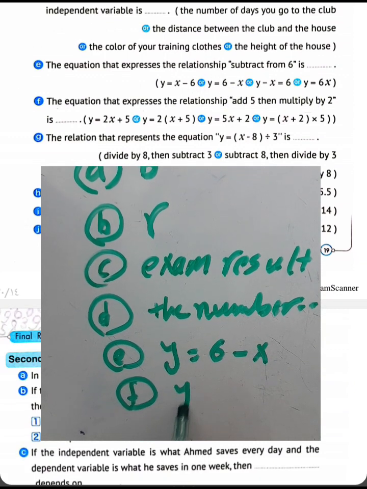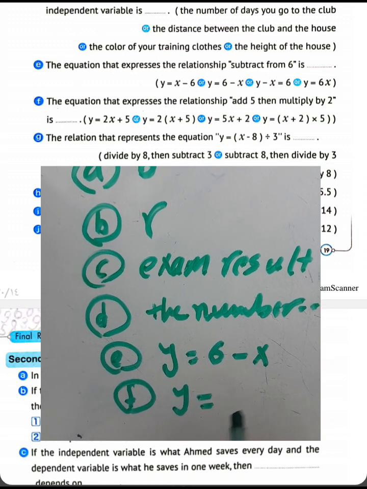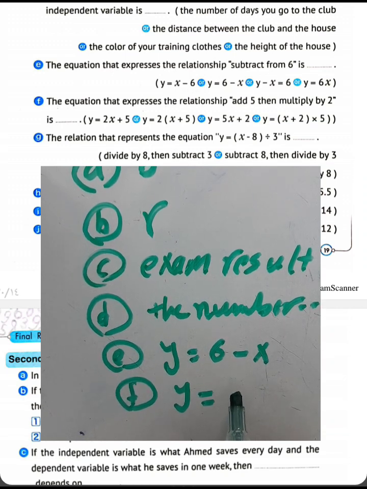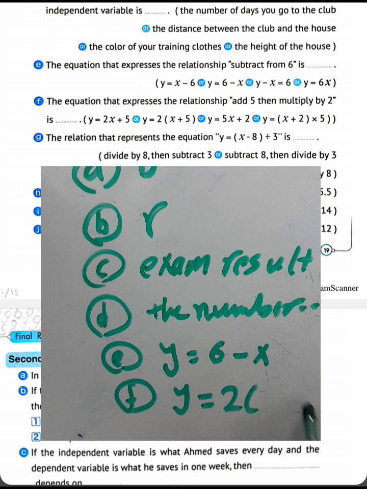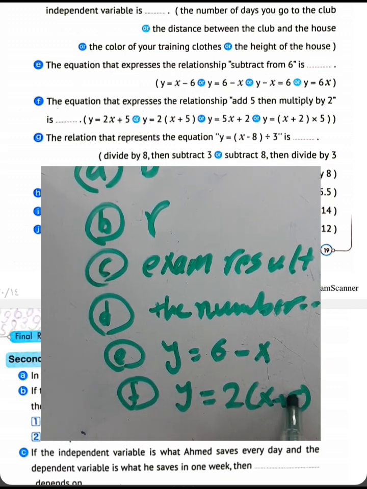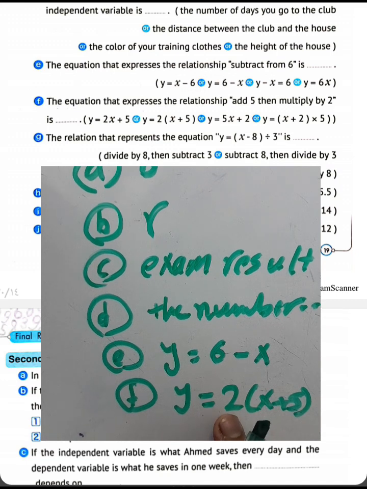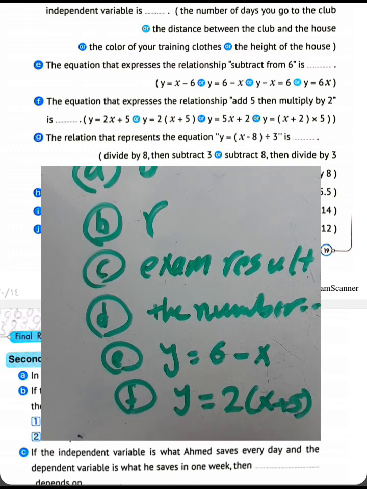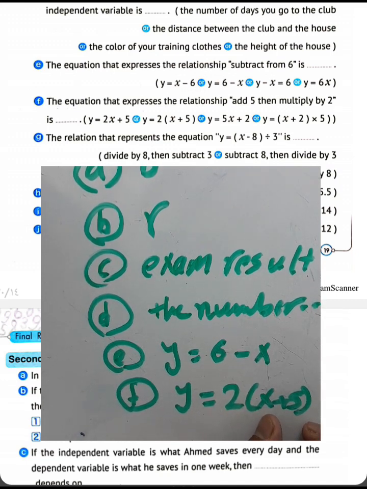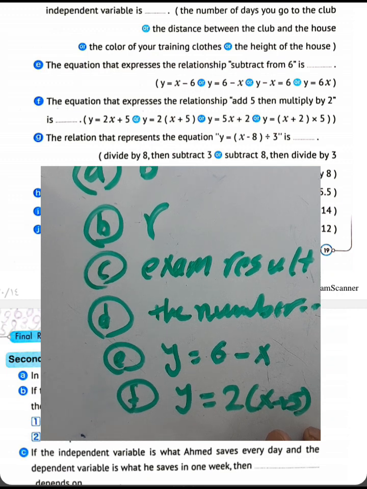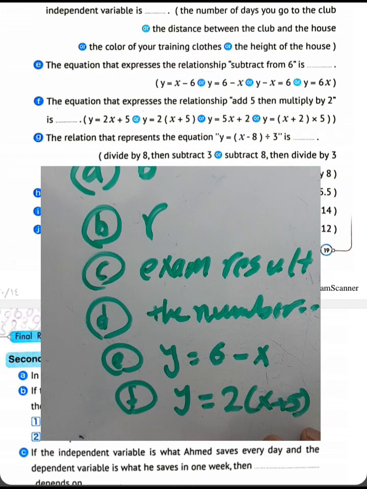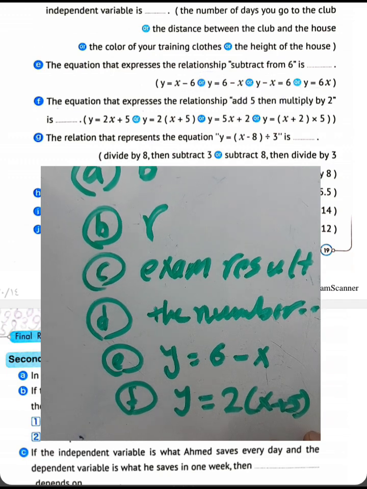Then we can write y equals add 5 and multiply by 2. Then you can write 2 outside, the sum of the numbers x and 5. Y equals twice the sum of x and 5. Or you can read the relation as add 5, then multiply by 2.